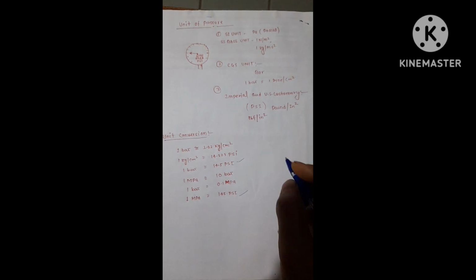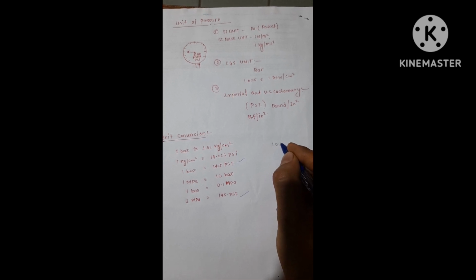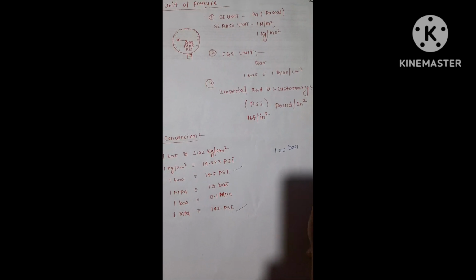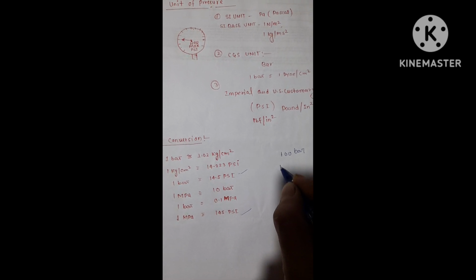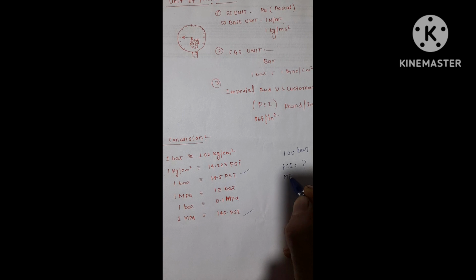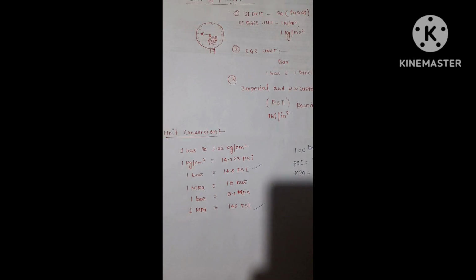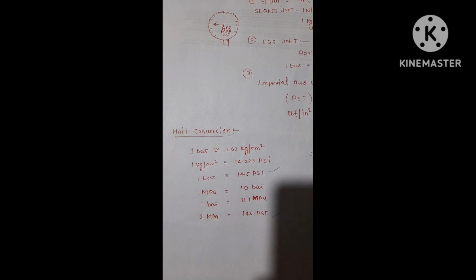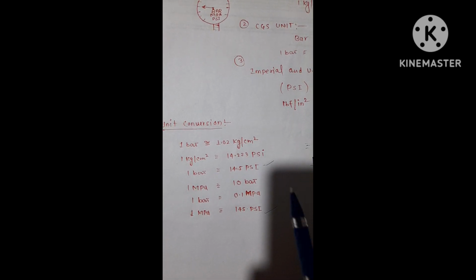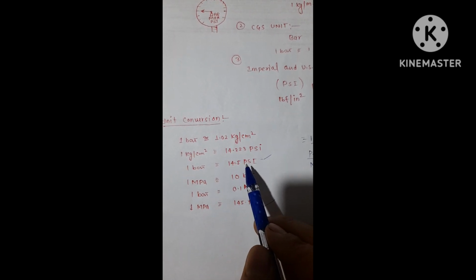Now, if any pressure gauge mentions 100 bar, then if I ask how much psi and how much MPa, you know here, psi and bar, which is this one. 1 bar is 14.5 psi.